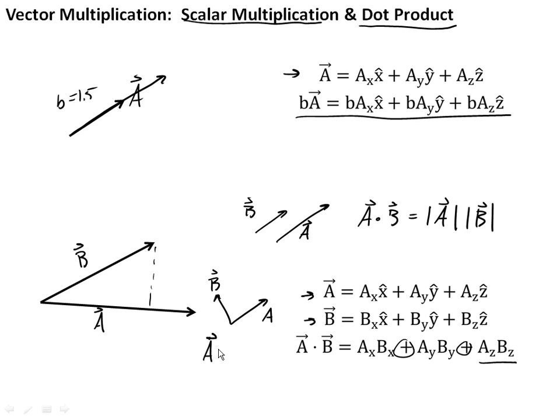So in this case, A dot B is equal to 0, as you'd expect, because there's no length of B along A, because that's what orthogonality means, as we saw previously.